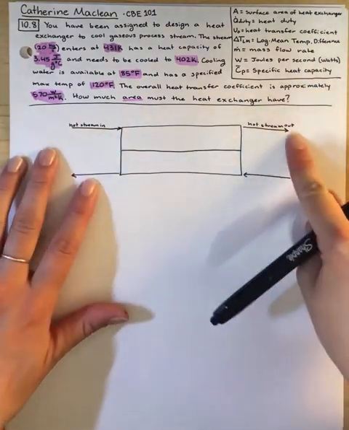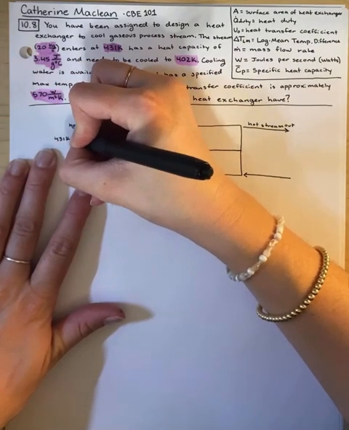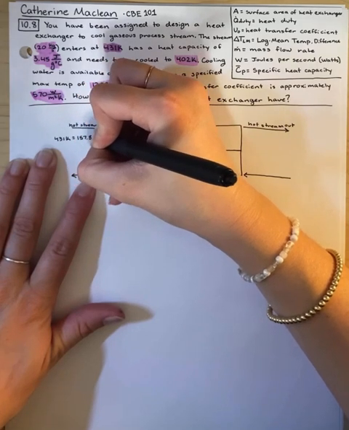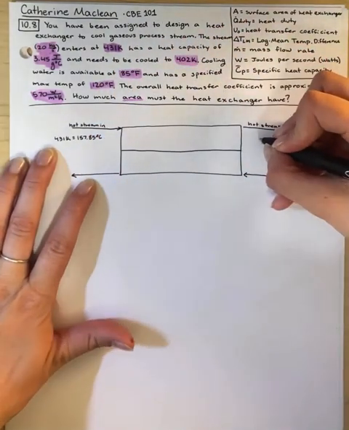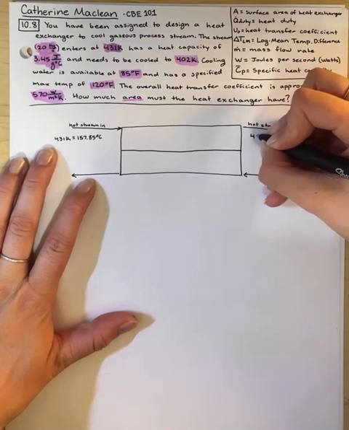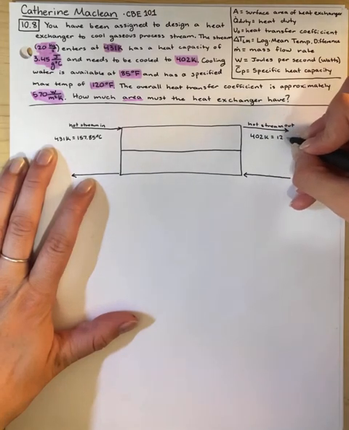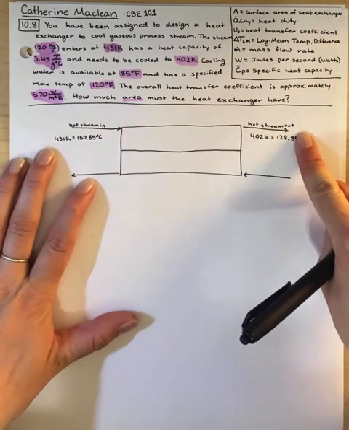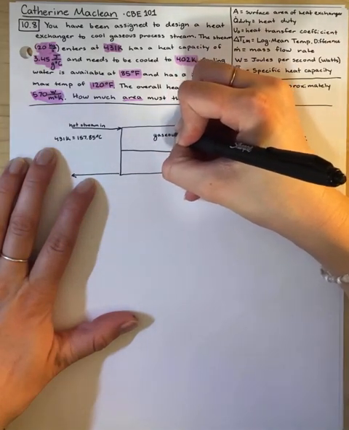Our hot stream goes in at 431 Kelvin, which is also equal to 157.85 degrees Celsius. This will be helpful later on. And it exits at 402 Kelvin, which is equal to 128.85 degrees Celsius. So, hot stream going through. This is our gaseous product.